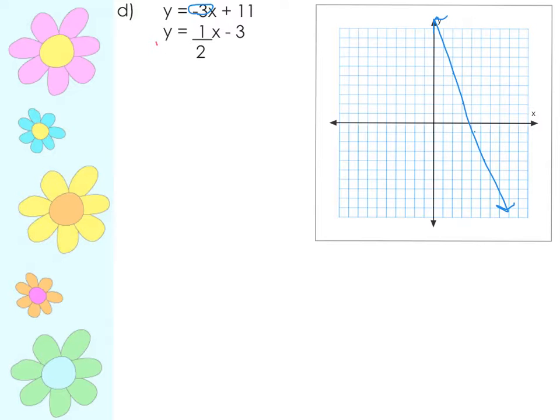Let's graph our next one. Y equals a half x minus 3. So I'm going to start at a negative 3 on the y. And then we're going to go up 1 over 2. And I will also tell you guys, when you're graphing these, they will always intersect at a really nice point.